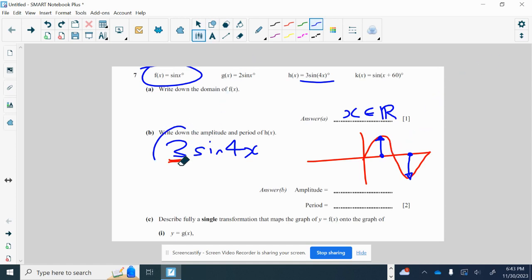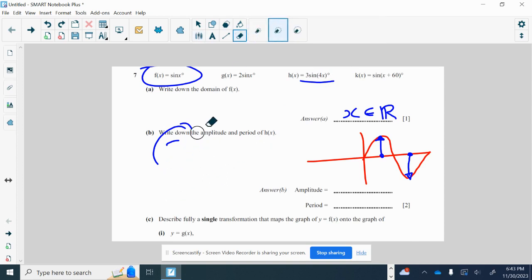However, depending upon where the graph starts, this value here can be negative or positive. But even if it was -3, the amplitude would still be 3. So this value, the coefficient of sine something x, gives you the amplitude. You just need to be able to recognize that.